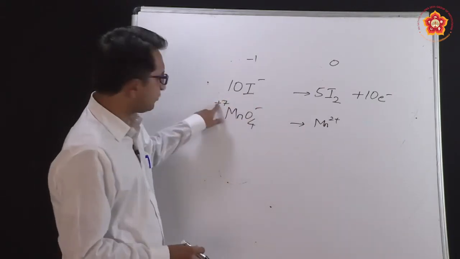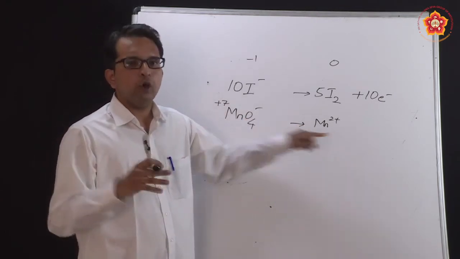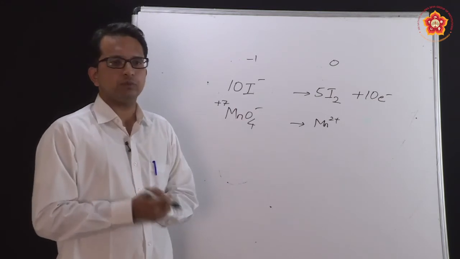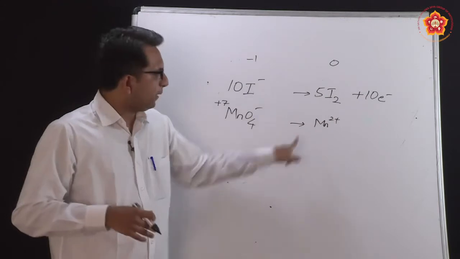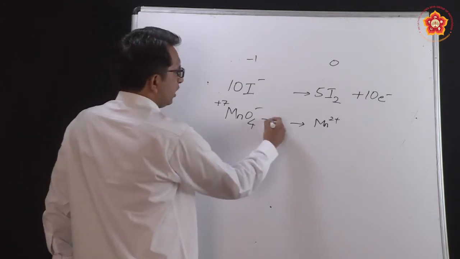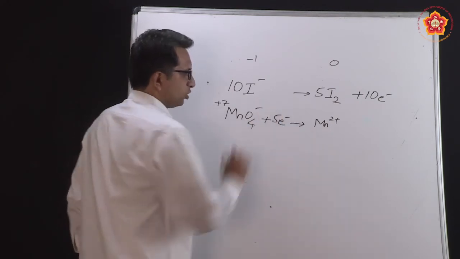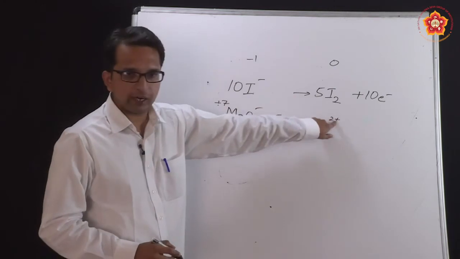This is the +7 state; we have just now seen the calculation of this. It has converted into the +2 state. What do we mean by +7 to +2? +7 indicates a 7 electron shortage, and +2 indicates only a 2 electron shortage. Now, this is possible if we add 5 electrons to this. This compound had 7 less, this compound had 2 less.